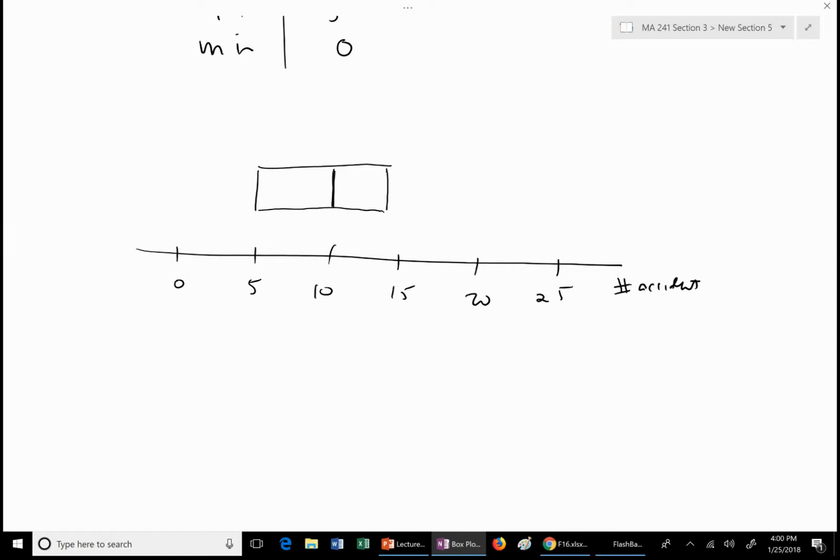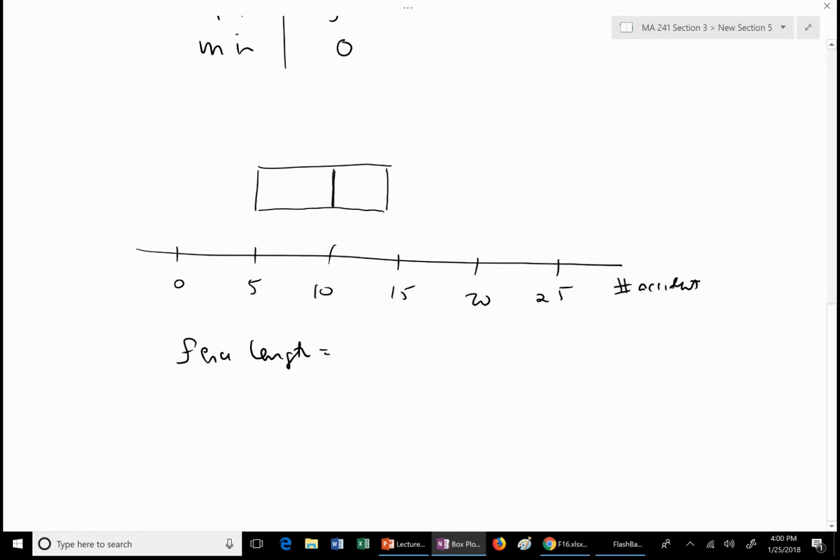We're going to compute this thing called a fence length. Basically, this is the length outside of the box where data points can go before they become considered outliers, okay? So I can go as far out as the fence length past the box, and then I'm an outlier. So how do we get the fence length?